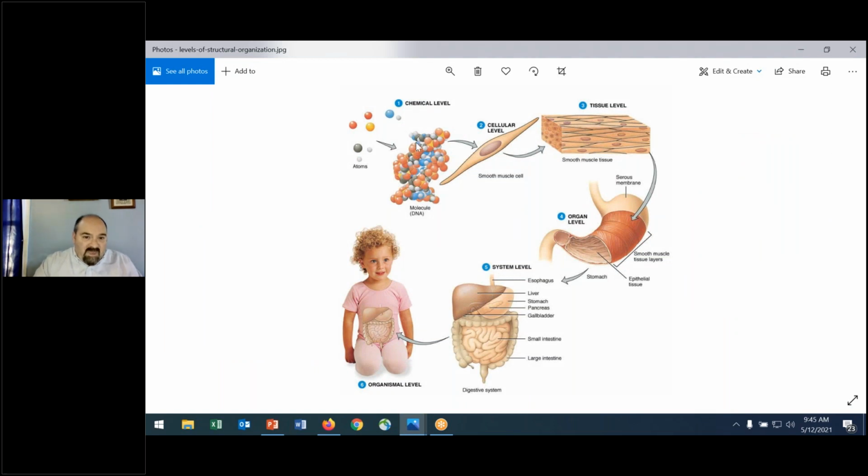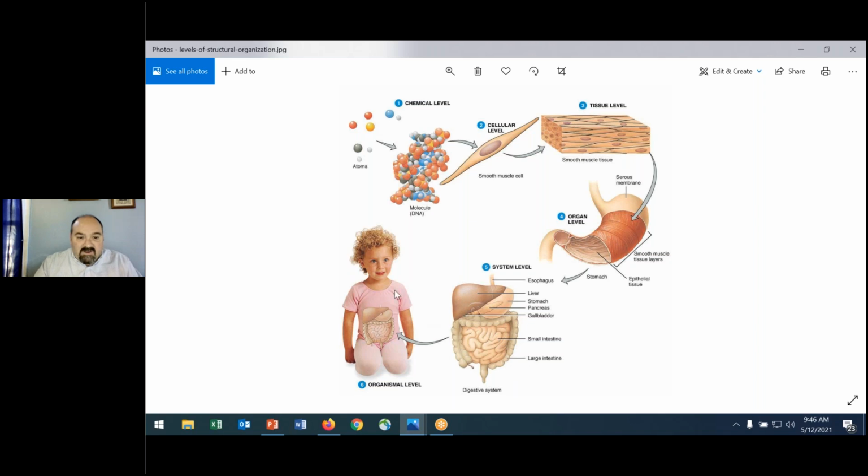You see here from the chemical level, we get to the cellular level. Let's start here first, because then we'll come around and see that we have the human organism. Here's the organism, a cute little child. Her body is comprised of multiple organ systems. The digestive system is just an example.